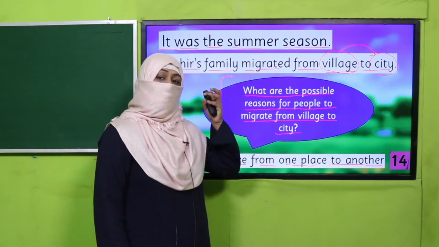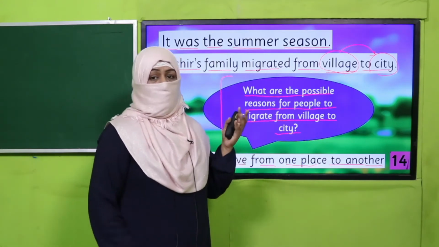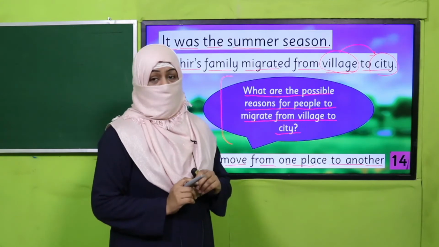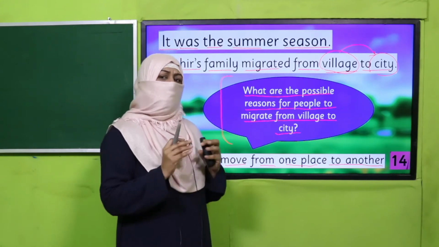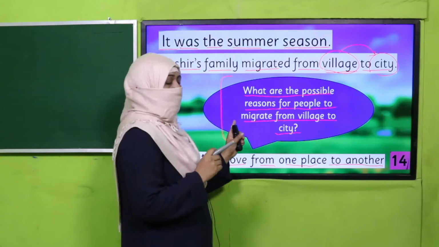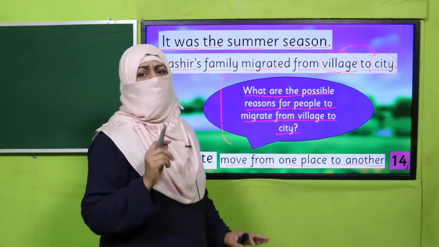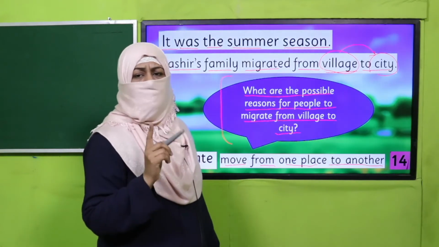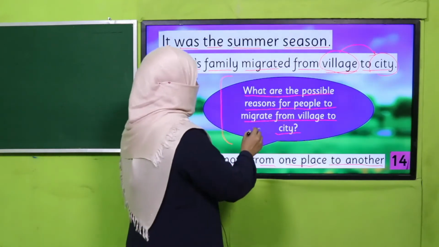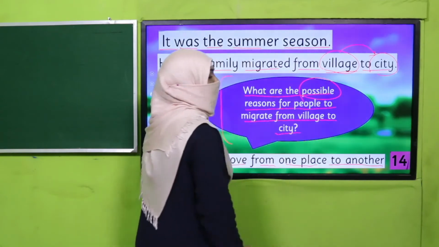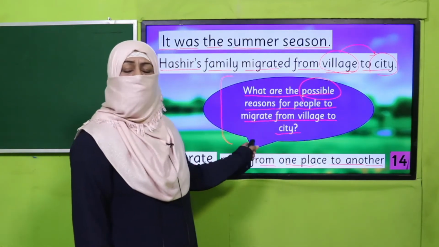You can think about a few reasons which you might have studied in your social studies. So link all the things and answer this question to your teacher, and teacher, kindly take the answer of this question from every student. They must tell one reason. What are the possible reasons of this migration? So pause the video and take the answer.